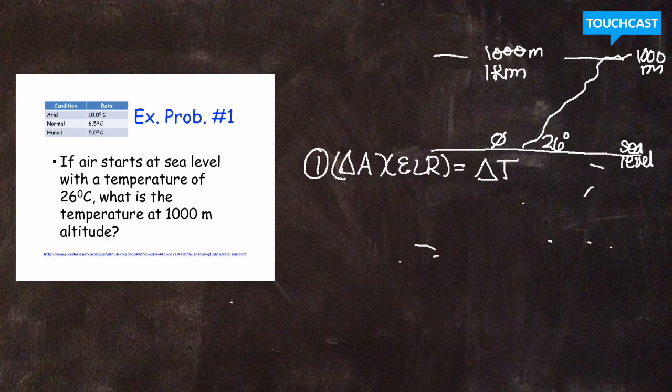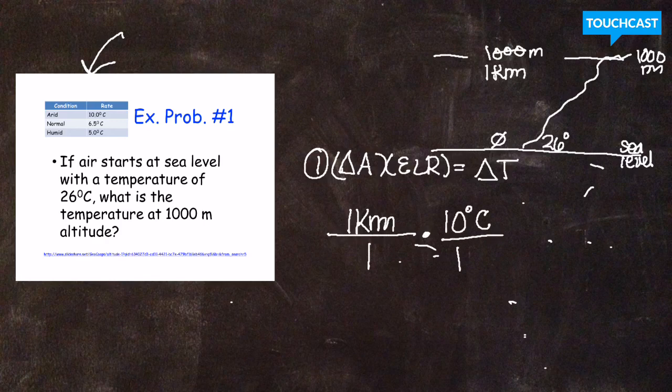So I changed my altitude by 1 kilometer, times the environmental lapse rate. Well, if we use the dry lapse rate, then we have 10 degrees Celsius for every 1 kilometer I've hiked up, equals the change in temperature.